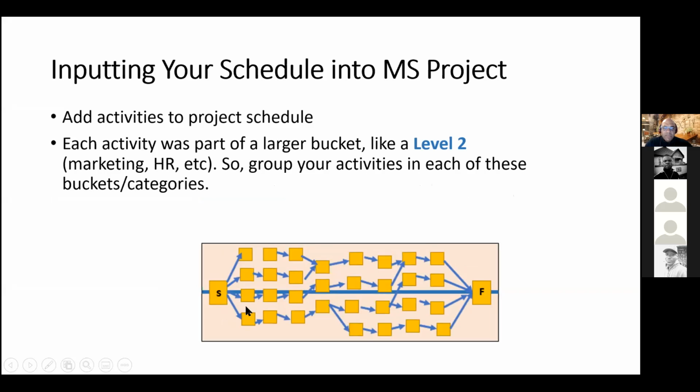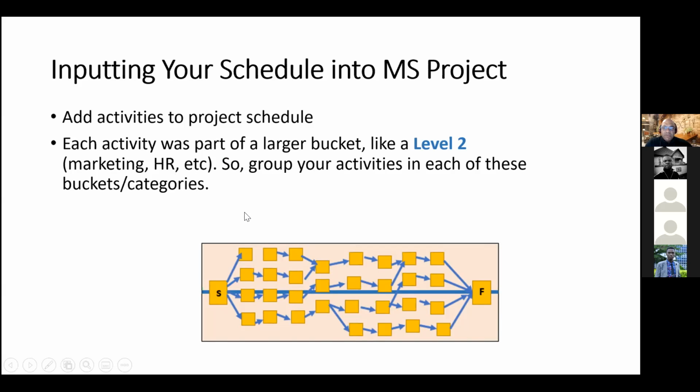So remember that when we did this in the WBS, each activity was part of a larger bucket. Like we had level 1, level 2, level 3, level 4. And most of these projects will go up to level 3, 4, or 5. No more than level 5, right? But we had a level 2, like human resources department, maybe communications department, maybe IT department, maybe marketing department, and so on.